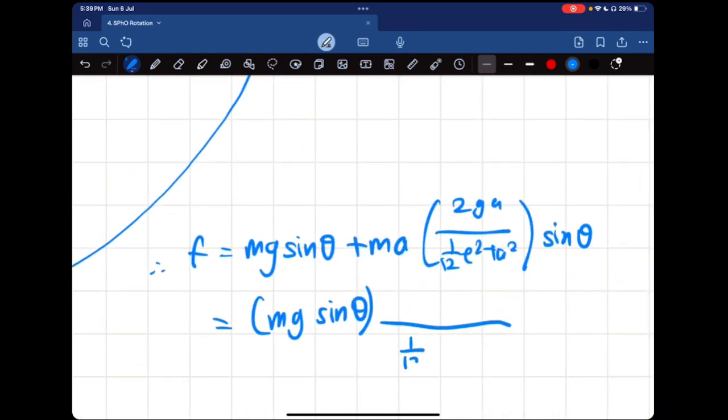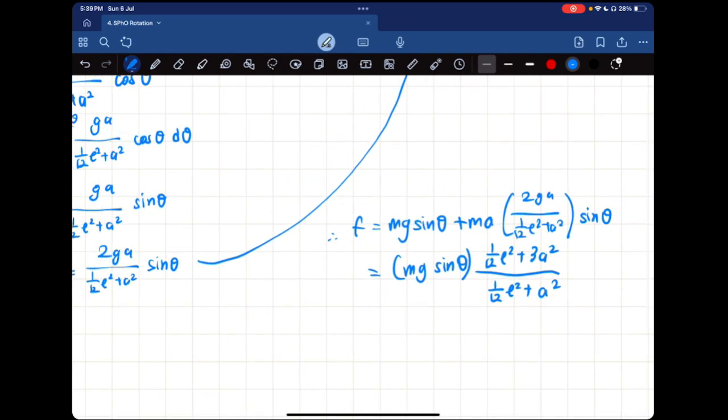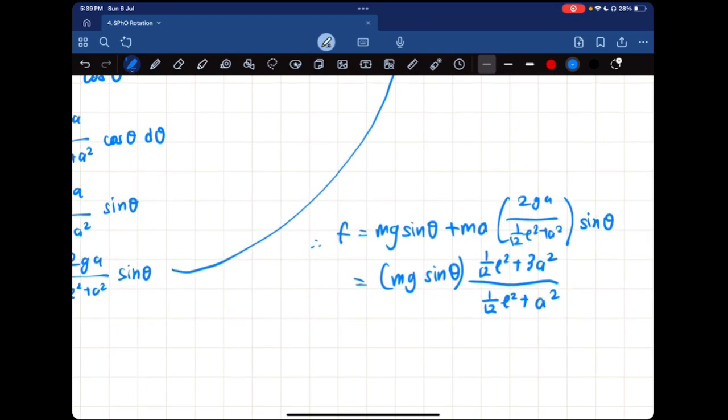This will become 1/12 L² plus a². The top will be 1/12 L² plus 3a². Correct me if I'm wrong with the algebra, but it should be this. So that's your friction.